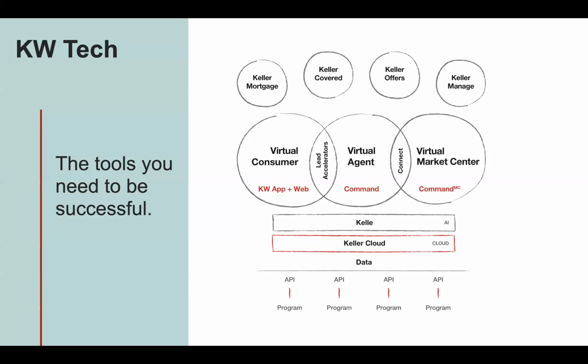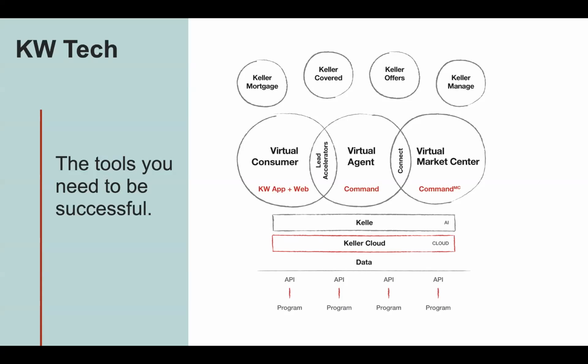Now, two of the main tools on Keller Cloud are Command, which is like the homepage for every agent's business, the dashboard that gives you a snapshot of where you are with regards to your GCI, and you can customize that to a certain extent.